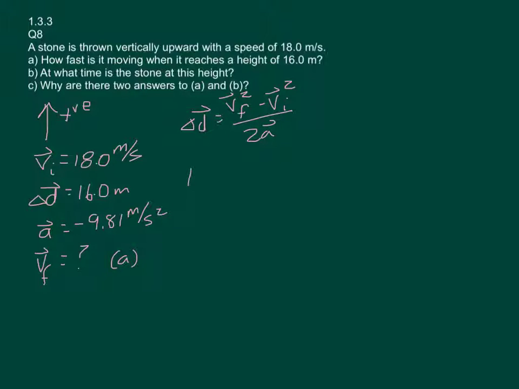And I've got 16 equals, we don't know VF, VI we know is 18 squared, 2 times a negative 9.81.